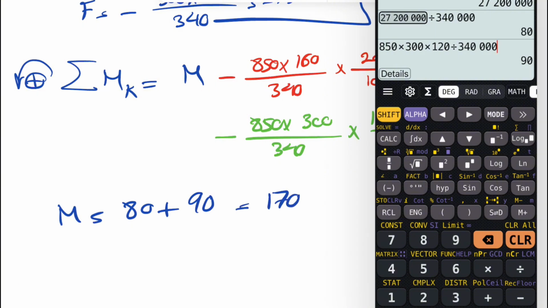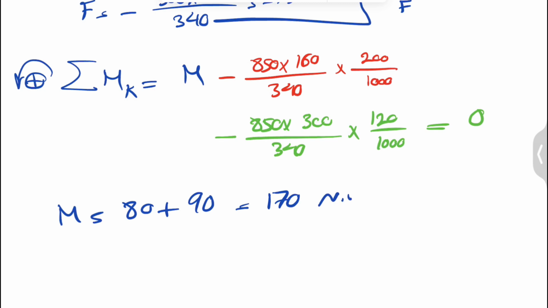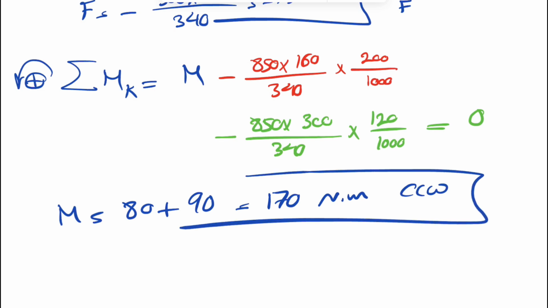So 90 plus 80 is going to give us 170 newton meters. We did not get any negative sign, which shows the moment is counterclockwise, and that would be the last unknown.